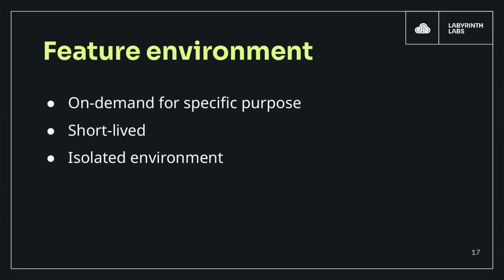Well, it's a kind of on-demand environment which is used for a very narrow, specific purpose. It lives only for a short time, and it's completely isolated from other environments, from the permanent environments, and also from the other feature environments.